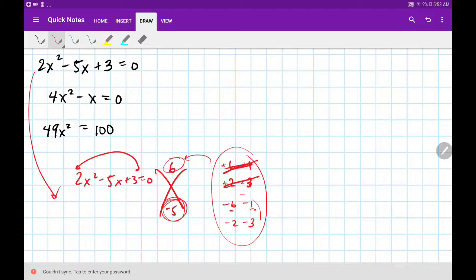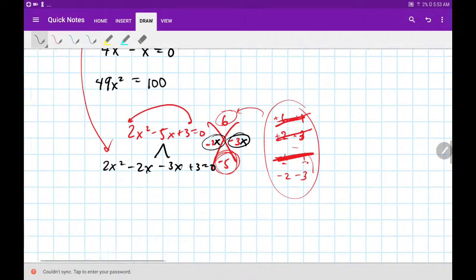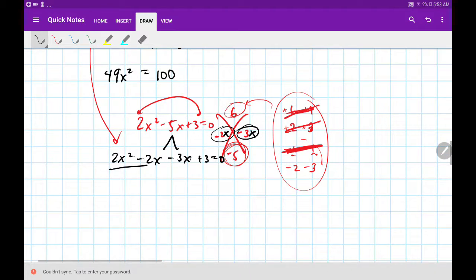Now these will combine to negative 7, so I'm left with minus 2, minus 3. Since it's the long way, I'm going to remember that I'm really splitting my middle term. So put x's here to remind yourself. That's 2x squared minus 2x minus 3x plus 3 equals 0. Now focus here. What can you factor out?